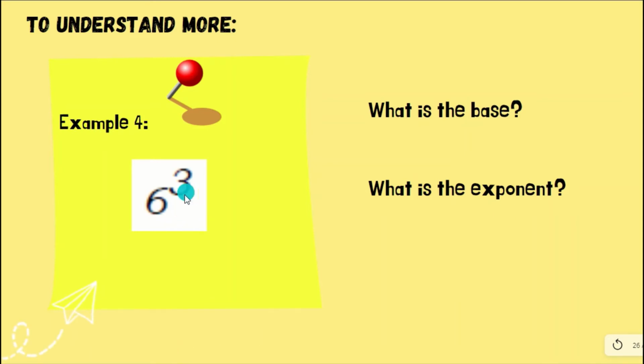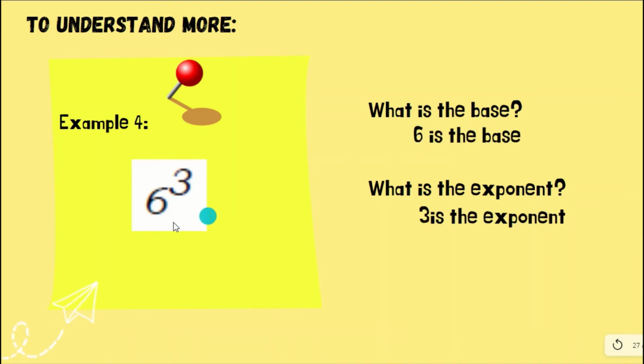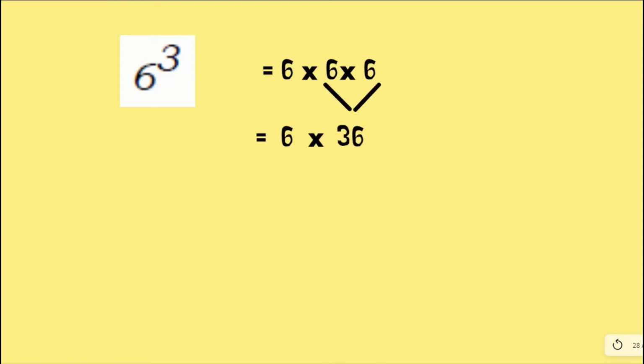6 raised to 3. What is the base and what is the exponent for this exponential form? Let's do this quickly. So in this example, number 4, the base is 6 and the exponent is 3. Now let's get the value for this exponential form.